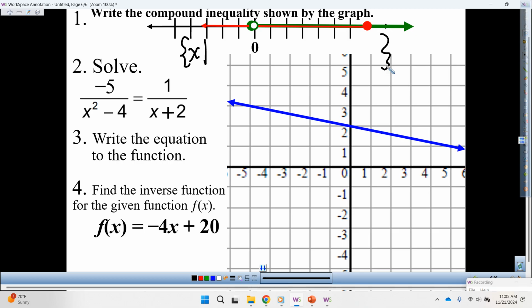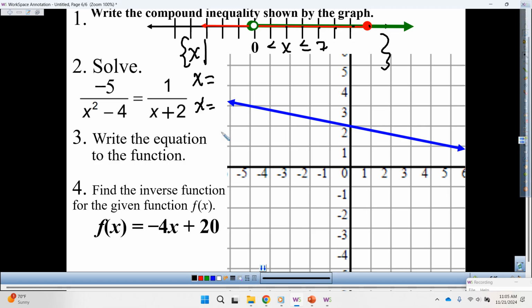Mario, go. 0 less than x, 7. Have you got that? Looks about right. I need a solution only for number 2, x1 and x2. 2 solutions.